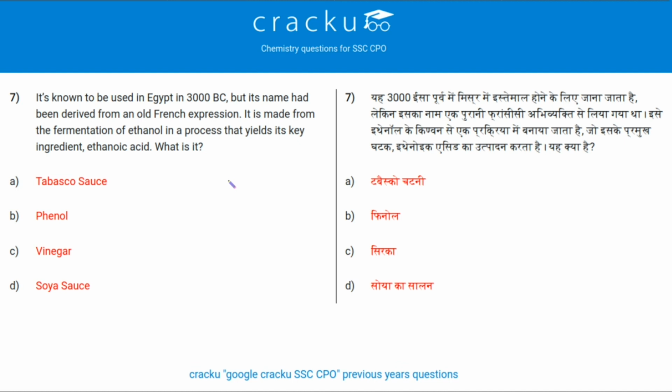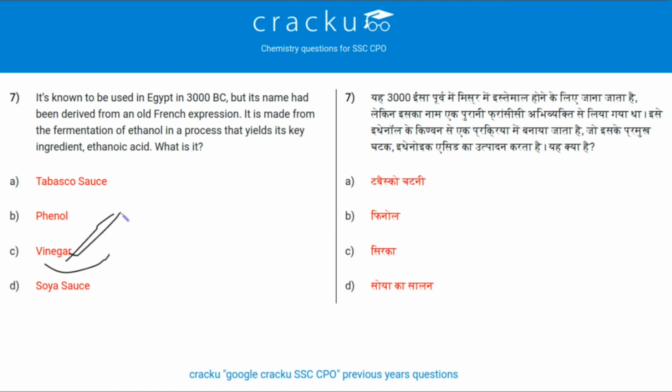It's talking about a particular thing that is yielded in this way. We know acetic acid is produced by fermentation of ethanol or sugar by acetic acid bacteria. So among these four, the one which contains acetic acid is vinegar. So the correct answer is vinegar.